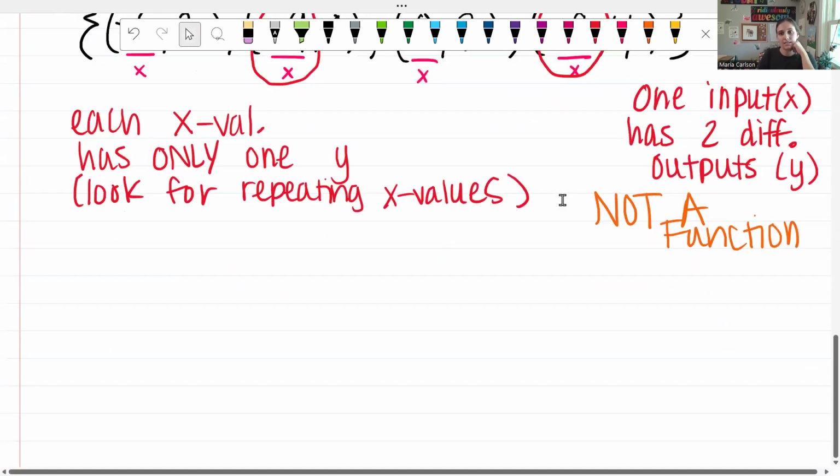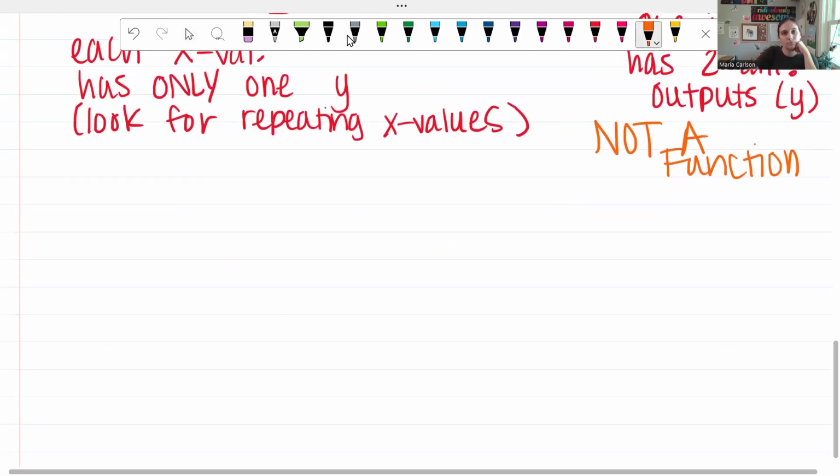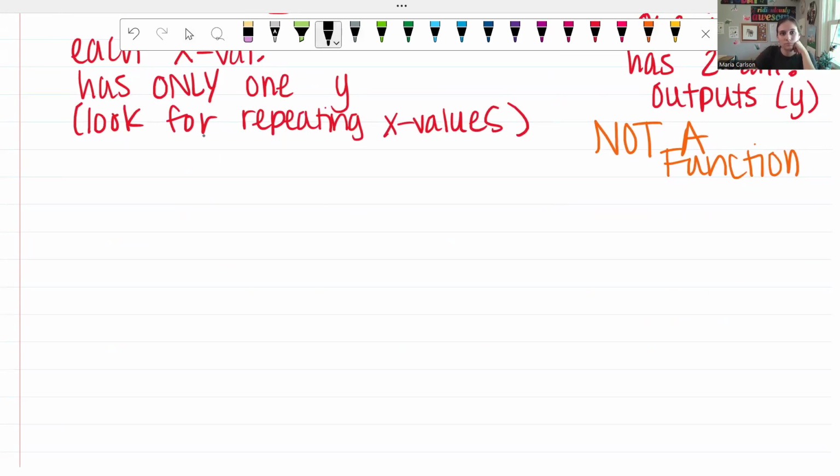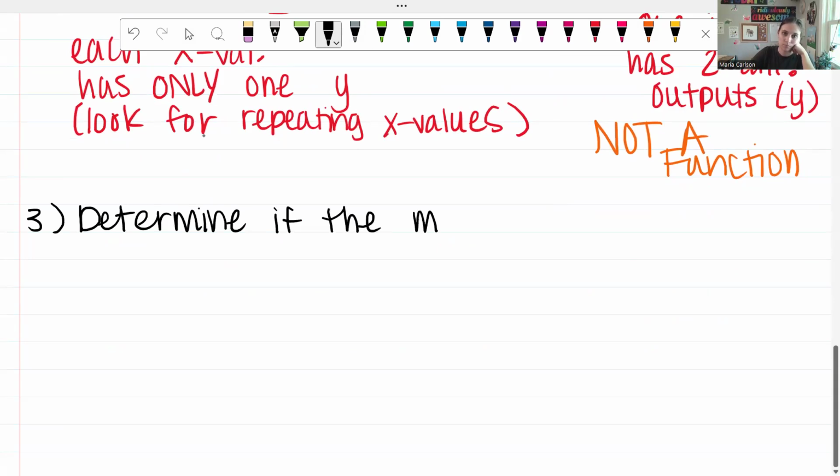All right, last example. Determine if the mapping represents a function.